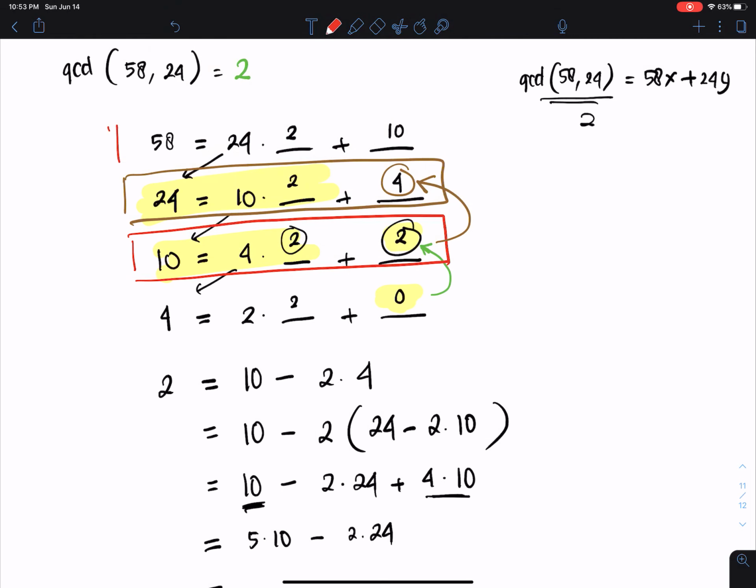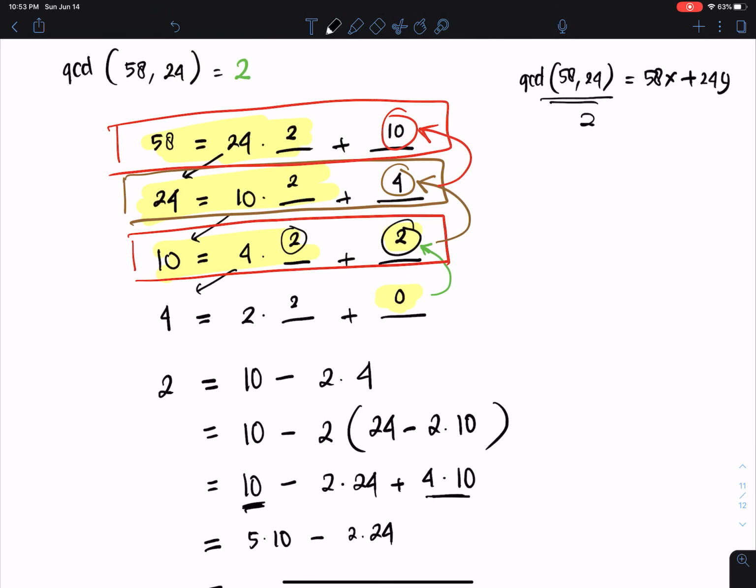Next row here. What number do we get? Yes, we get 10. So what is our 10 here? It is 58 minus 2 times 24.